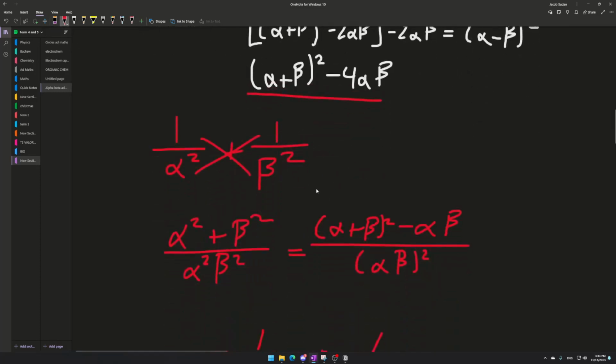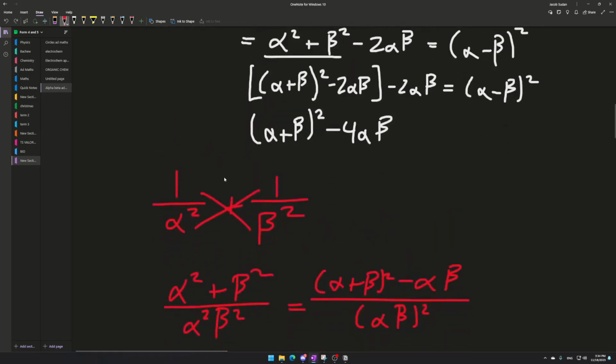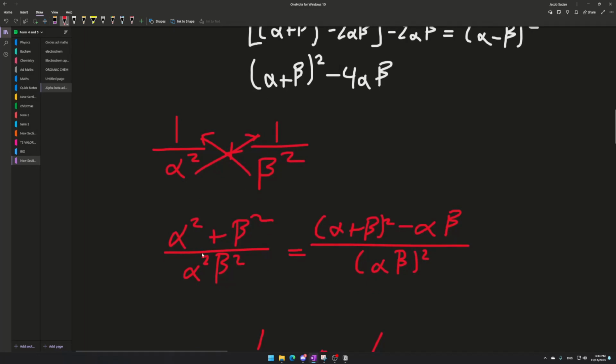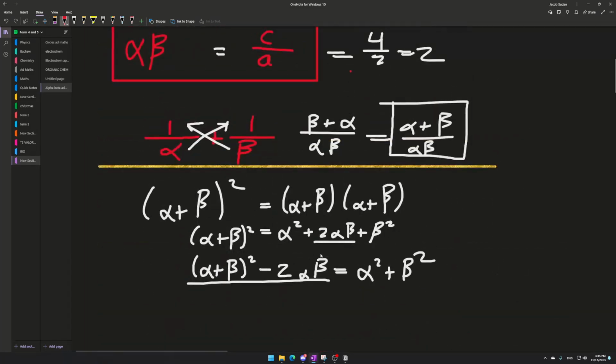Alright, now here we have 1 over alpha squared plus 1 over beta squared. We cross multiply it. We get alpha squared plus beta squared over alpha squared beta squared. We can see how important it is to do this, because it comes back again and again.